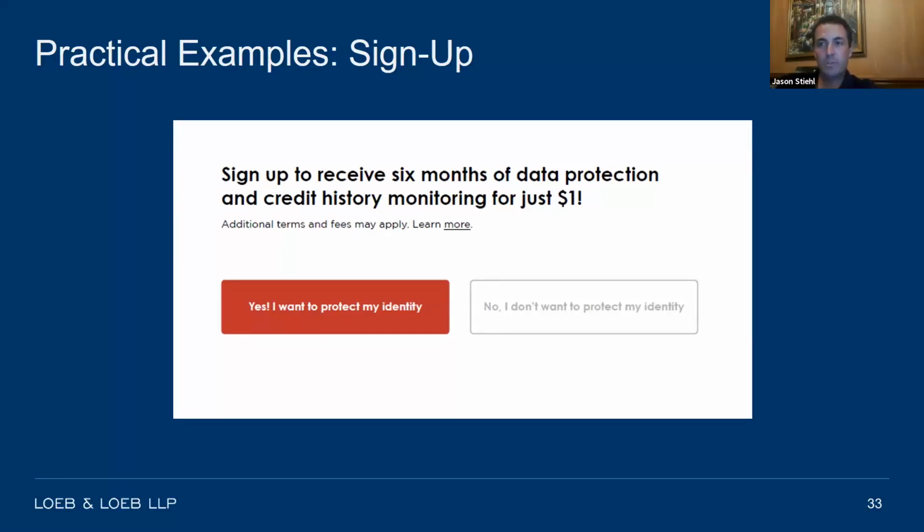And then if you look at the options, one is a very positive, yes, it's in red bold, and it says, yes, I want to protect my identity. And then the other one says, no, I don't want to protect my identity. So in a way, it's confirm shaming you into saying, no, I'd rather the whole world see all of my information. And again, almost in a way to make you feel like you're making the less than intelligent choice of, for $1, why wouldn't you sign up for such a product?